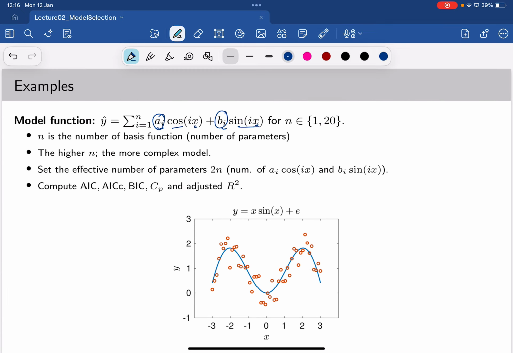We try to fit X into this function and make sure that Y hat captures Y. Because it's a toy example, I also generated the value of Y using this formulation. There is some noise in my measurements because of E. That's just an example of what our data look like.